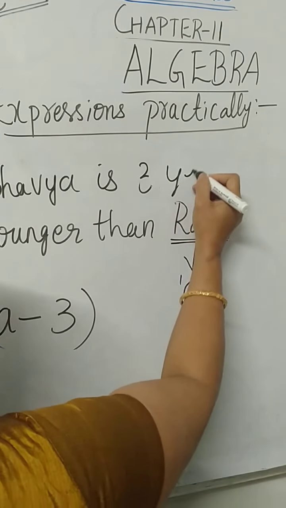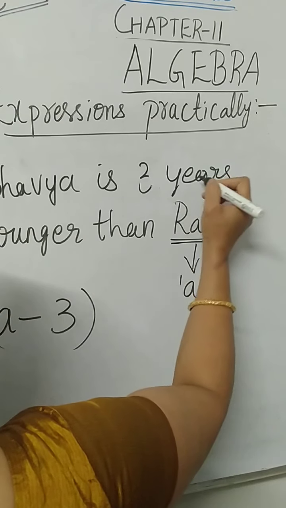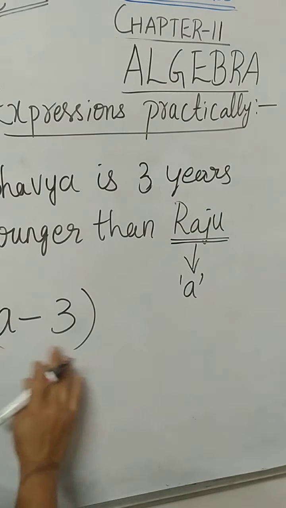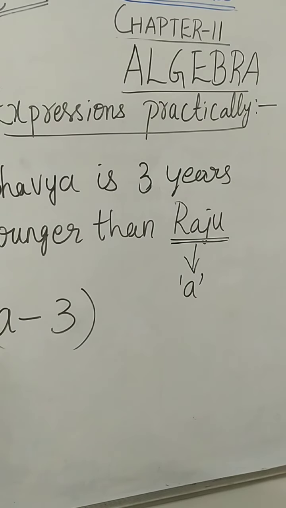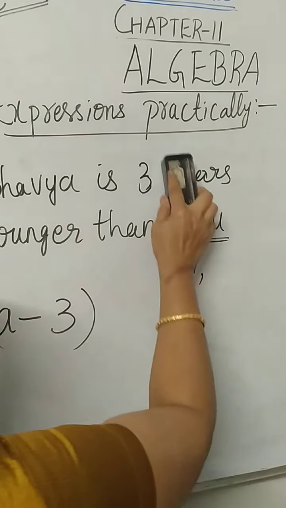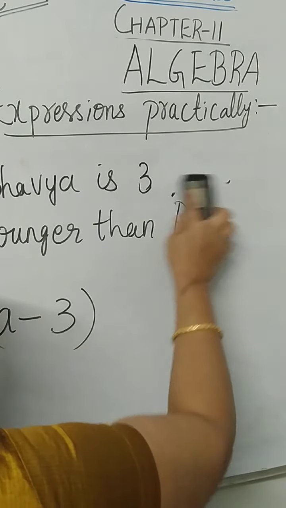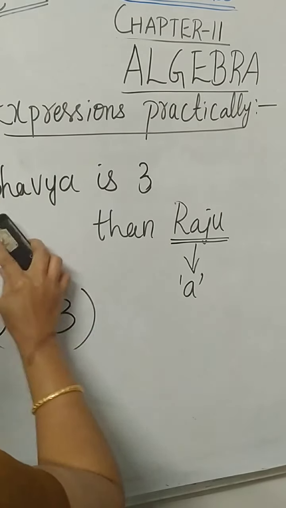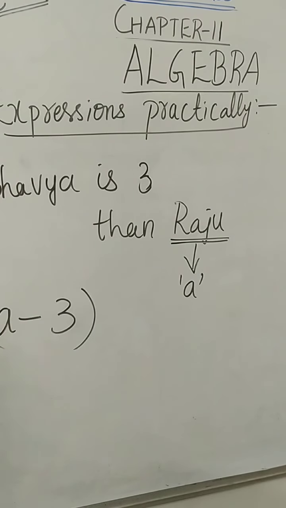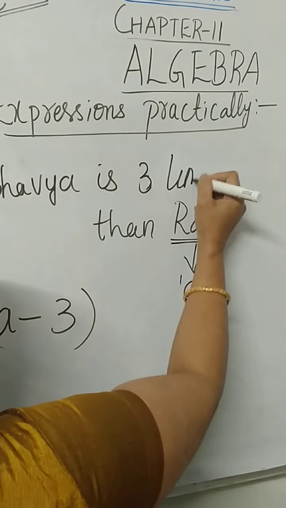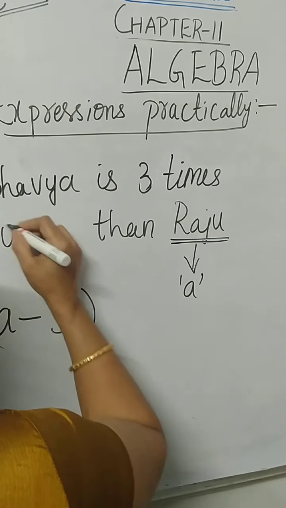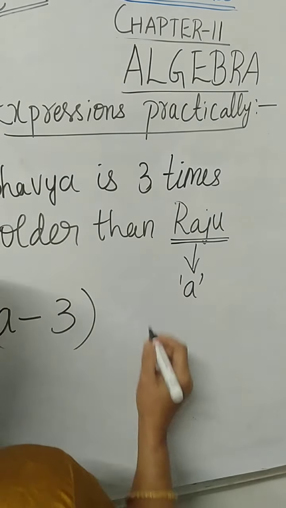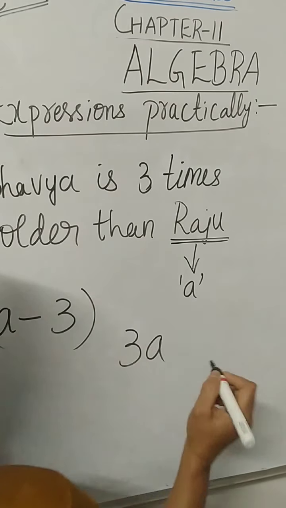She is 3 years younger than Raju, so it is A minus 3. If it is 3 times older than Raju, then we can write it as 3A.